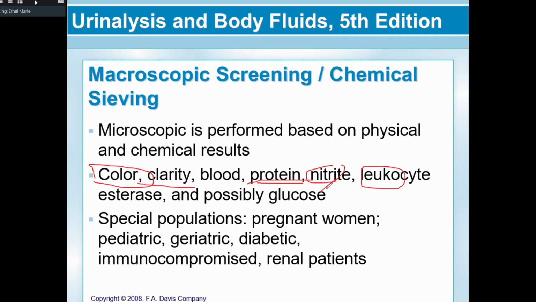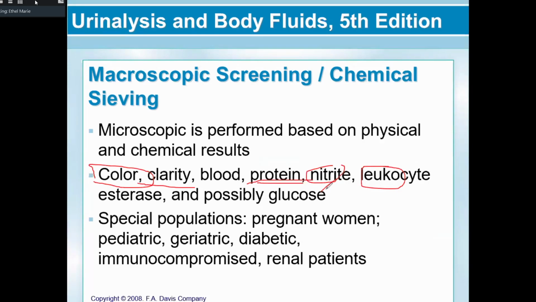That will tell you that there's really an infection in your patient. But if, for example, your nitrite is positive but your leukocyte esterase is negative, and if you look into the microscopic exam you don't see any WBC, it might just be contamination.